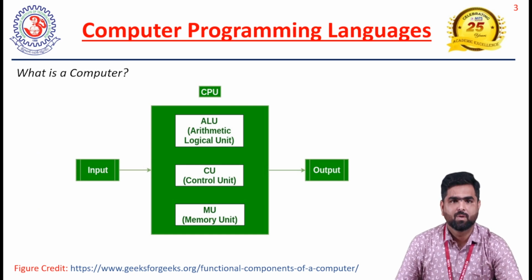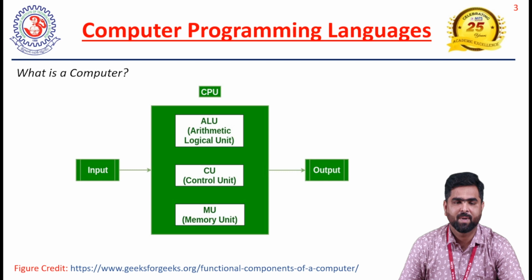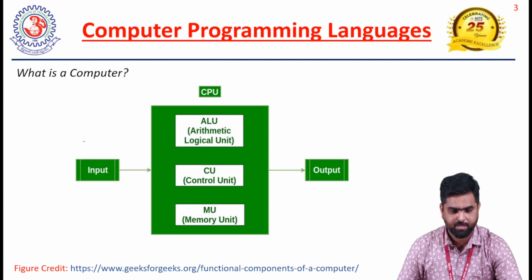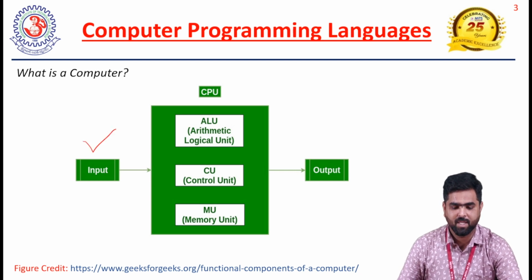Before going to what we mean by computer programming languages, first we should know what a computer is. Basically, a computer is a computational machine. Otherwise, you can say it is an electronic device which takes the input data and then processes this input data with the help of the processor and gives the output.